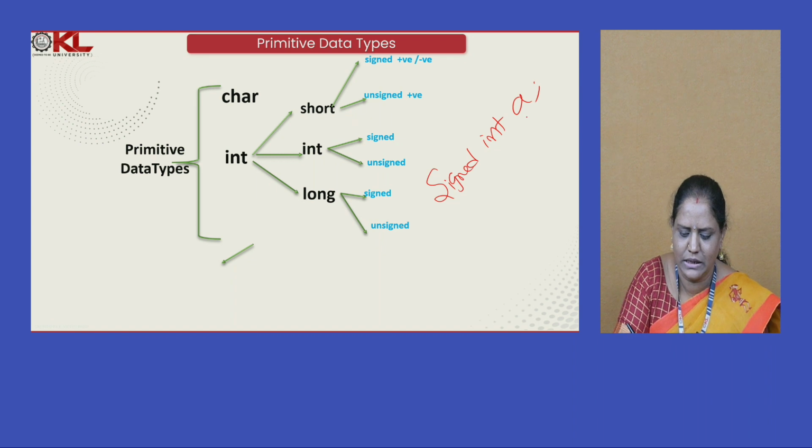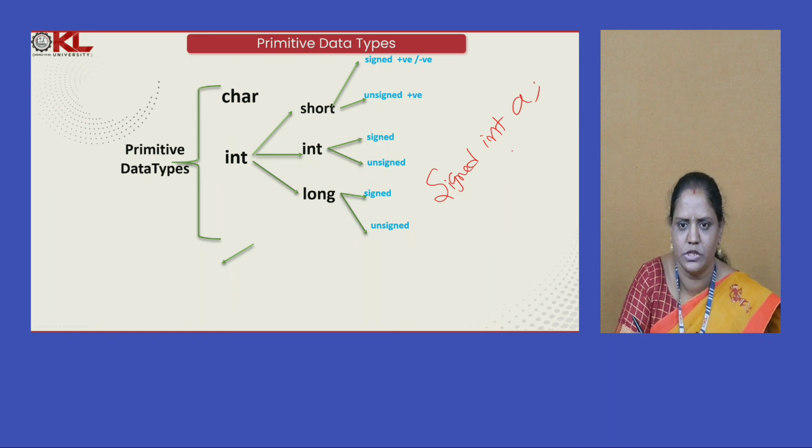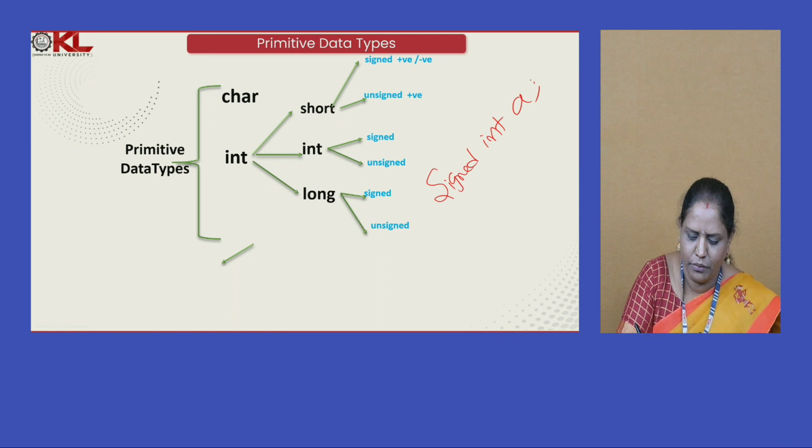Now a is declared with int and with the qualifier called signed. Signed int a means in a I can store both positive and negative values. Now for this a the computer occupies only 1 byte.